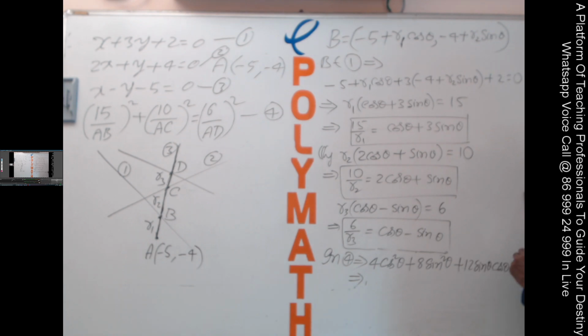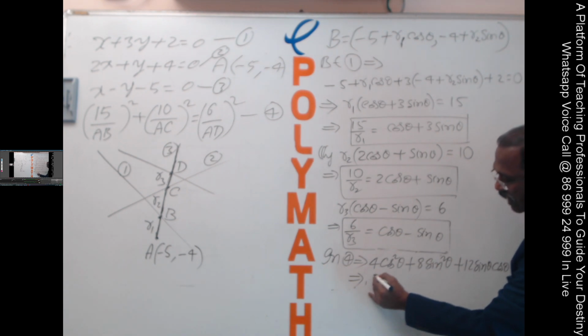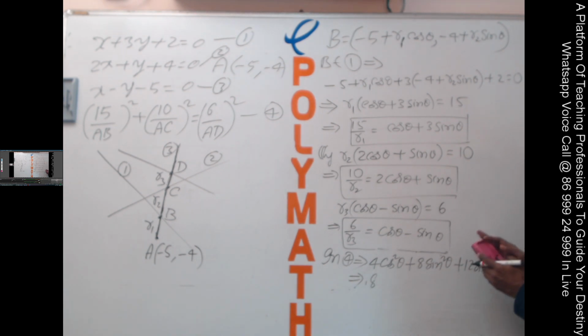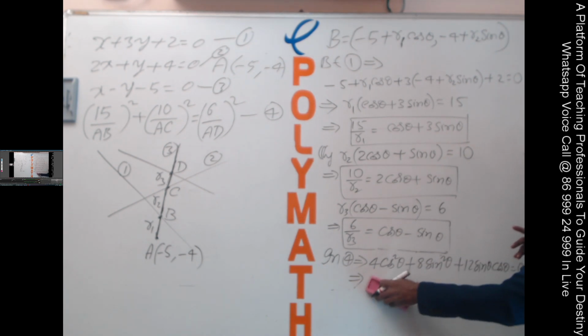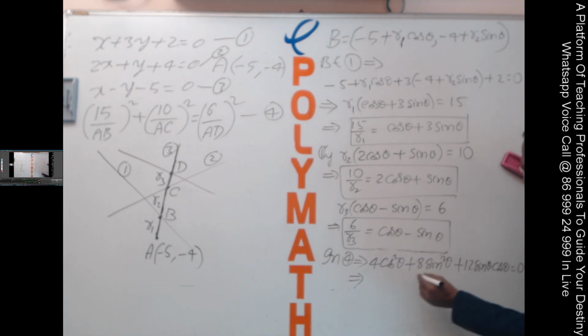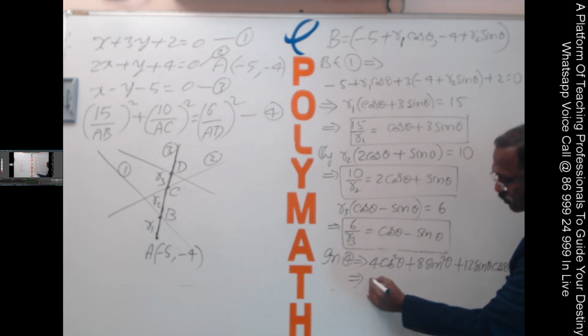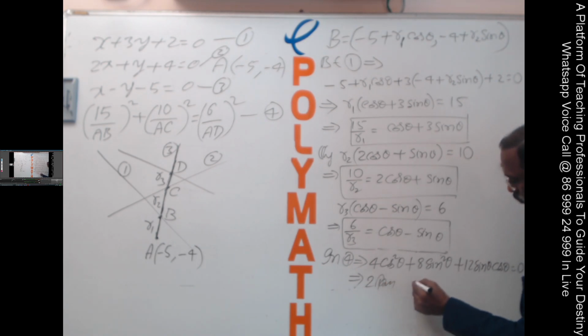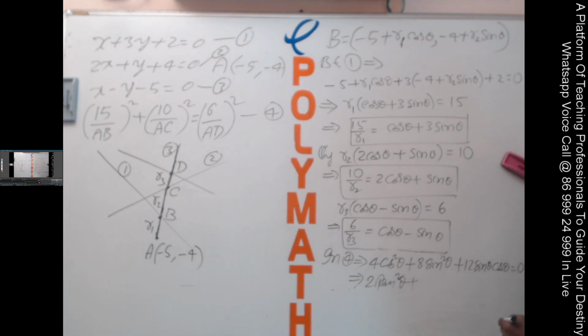Is equal to 0. Now divide throughout with cos square theta, then you will get 8 tan square theta. Divide with 4 cos square theta. You will get 2 tan square theta plus 3 sin theta cos theta plus 1 is equal to 0.